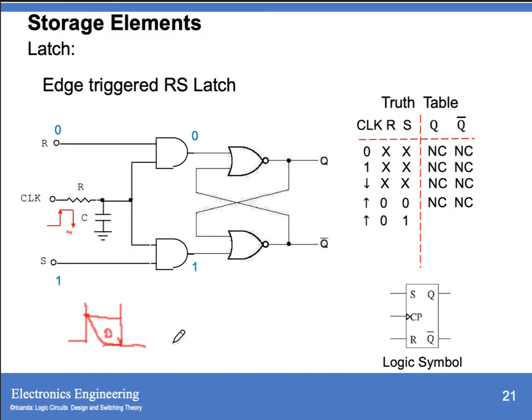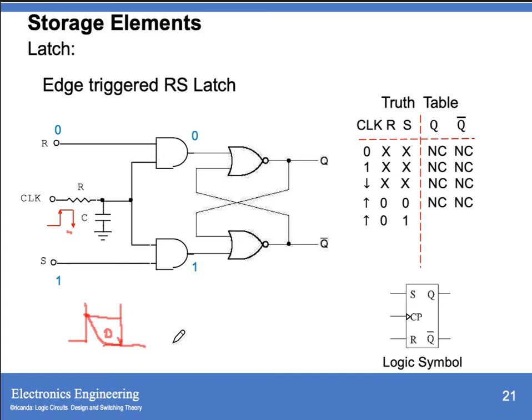If we have still going up, and your S is 1, and your R is 0, remember in your NOR, when one of the inputs of your NOR is 1, you have an output equivalent to 0.